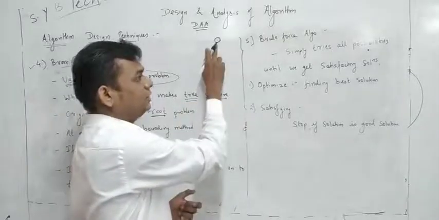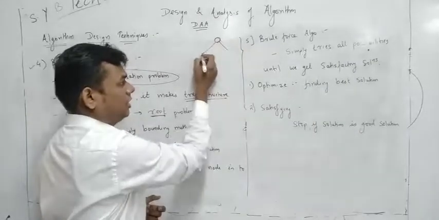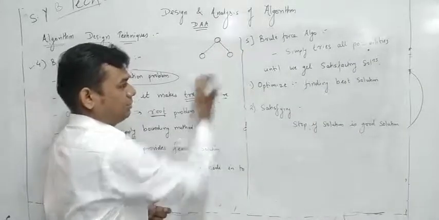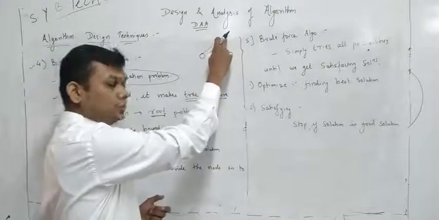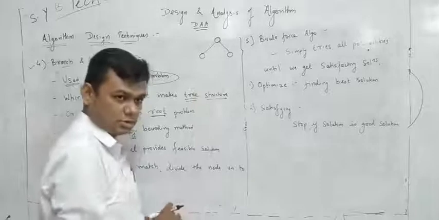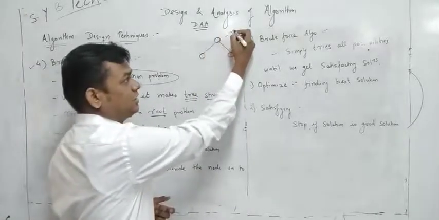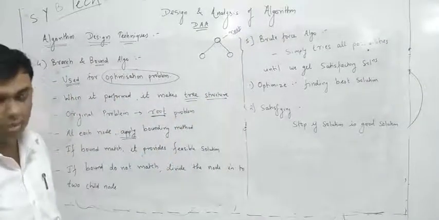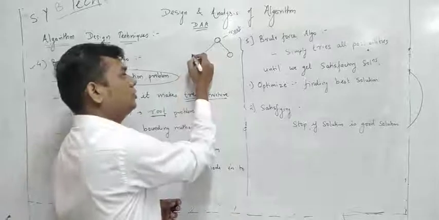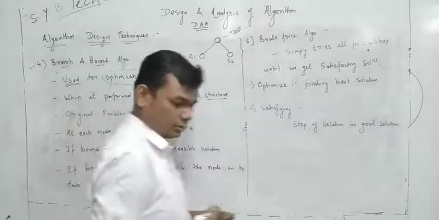If that problem cannot be solved, we divide it into two sub-problems, meaning we divide that parent or root into two sub-roots. The main, original problem is called the root problem. That root problem is divided into two sub-problems, for example sub-problem 1 and sub-problem 2.